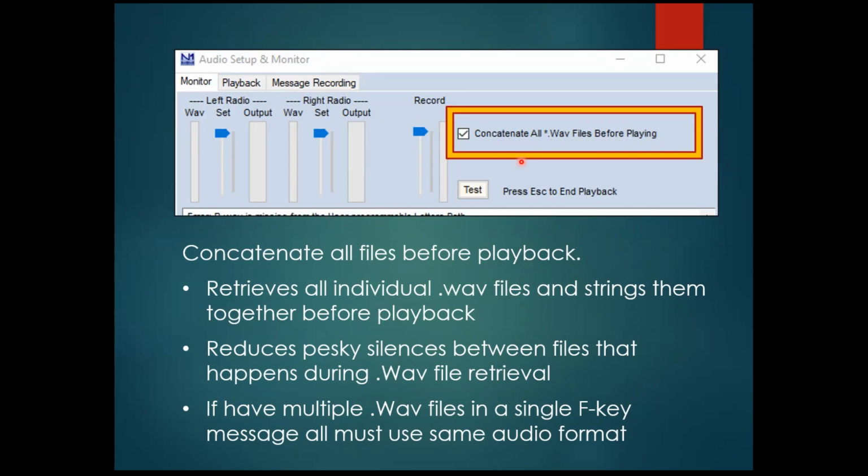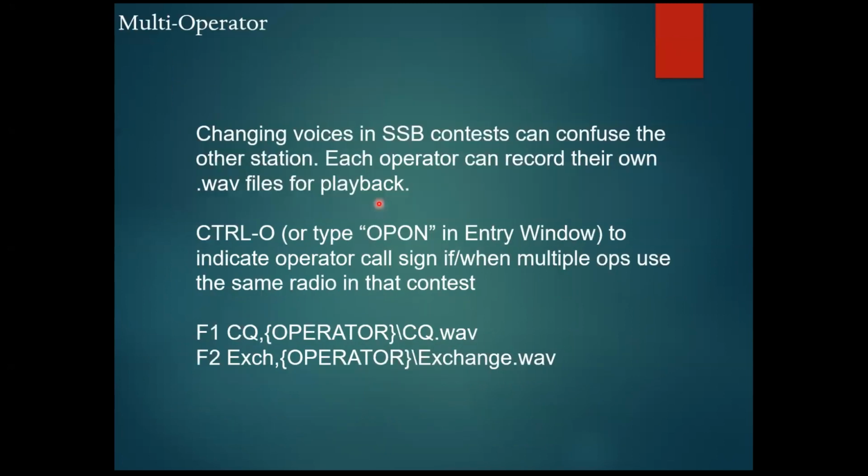Instead of going 1, 3, 5, it'll shorten it up and bring it much closer together. So that's a nice thing to have. But again, all your wave files have to be at the same 8,000 hertz, or whatever you choose to use, because if they're not, it'll throw an error.